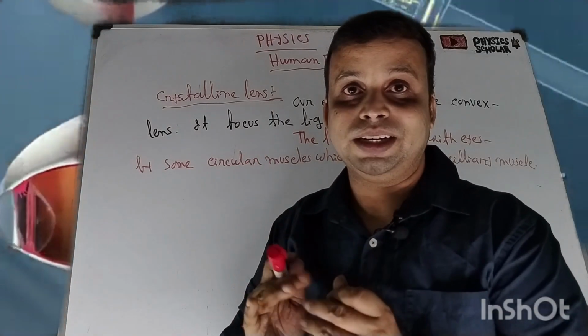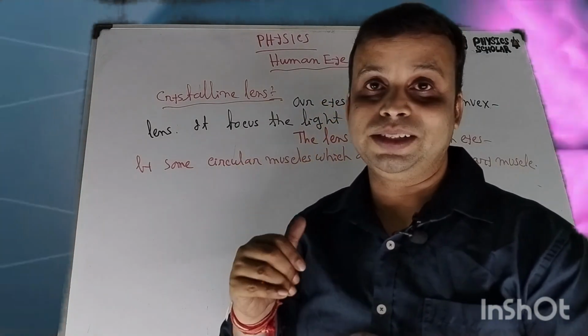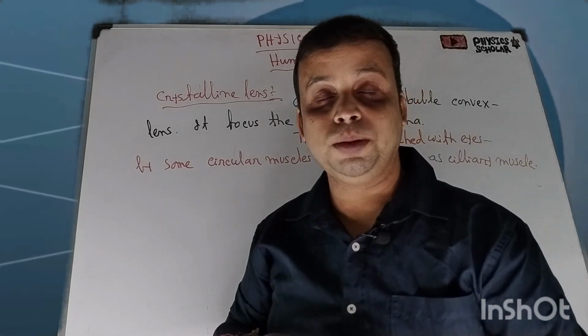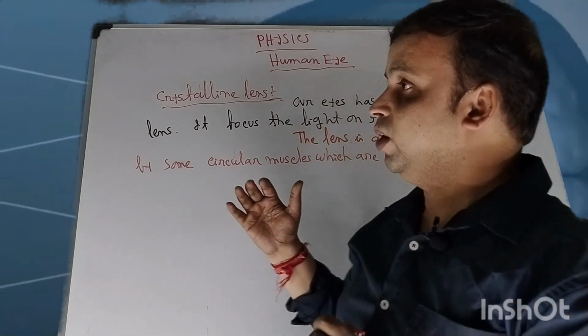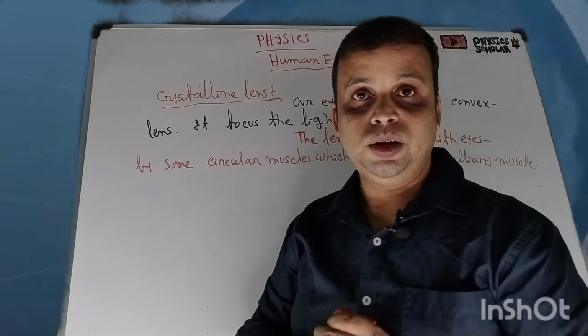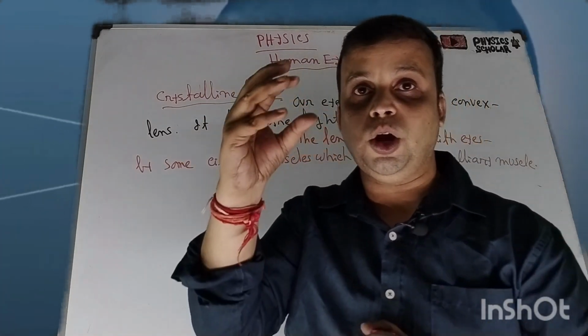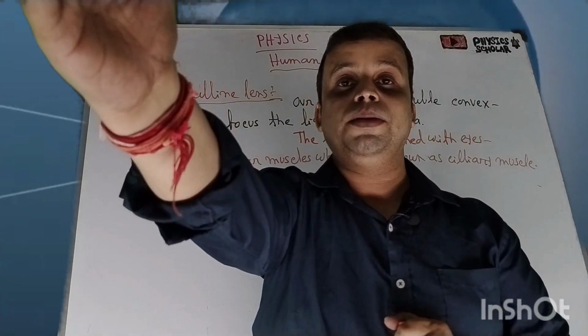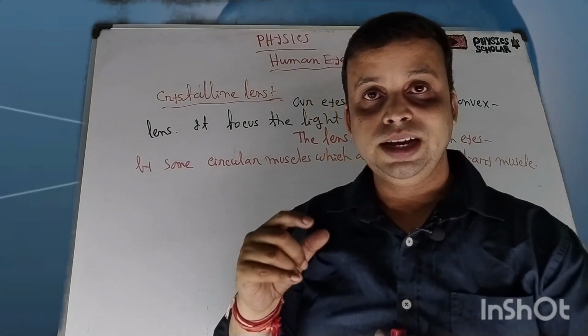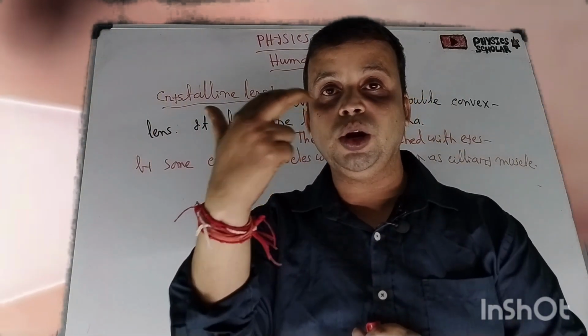These muscles change the aperture, or the focal length, of the eye lens. So when we are watching a distant object, an object at infinity or very far away from our eyes, the rays are almost parallel.